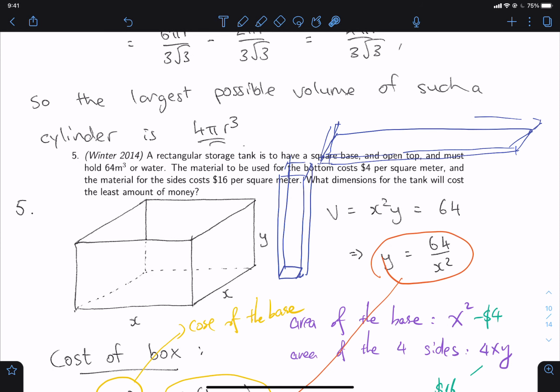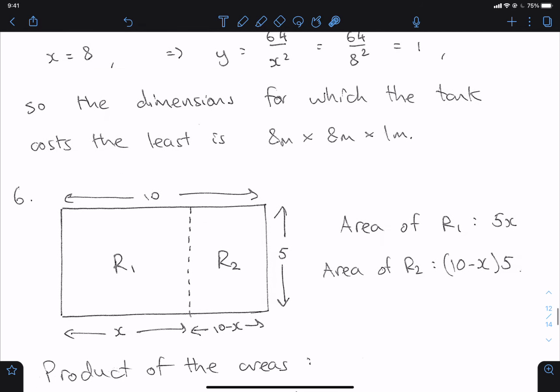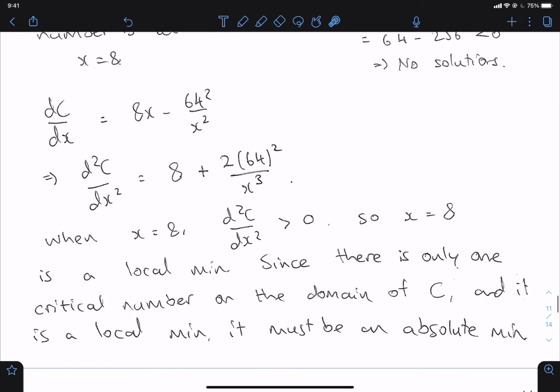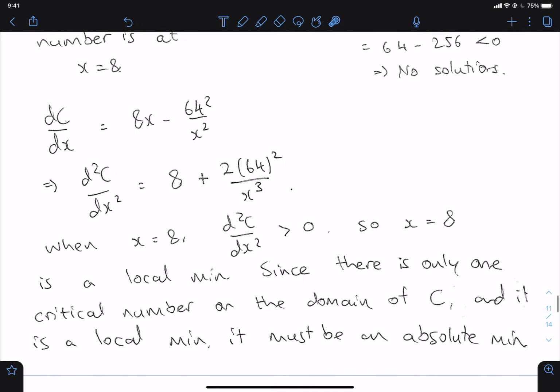So that tells you what the domain of this function is. The domain of this function is going to be from 0 to positive infinity. And because x equal to 8 is the only critical number here, and it's a local min, this local min is also going to be your absolute min.